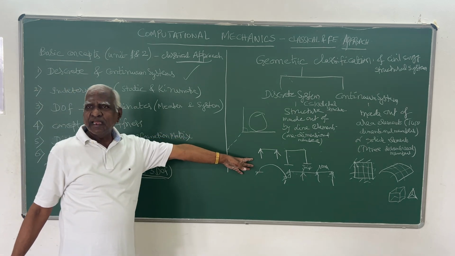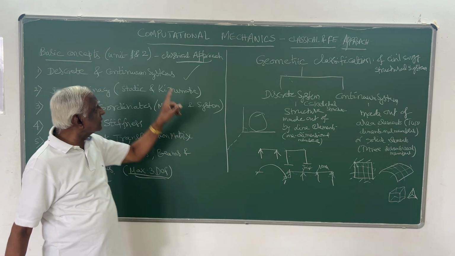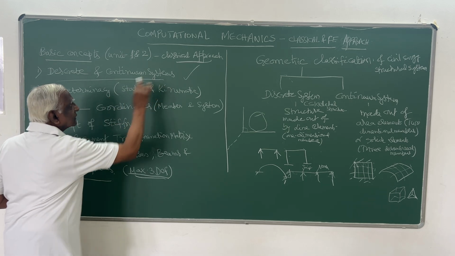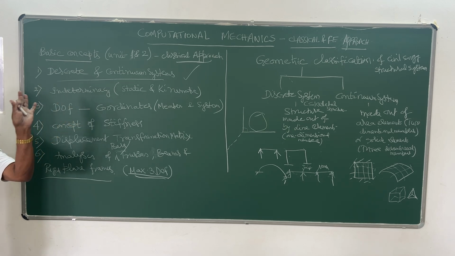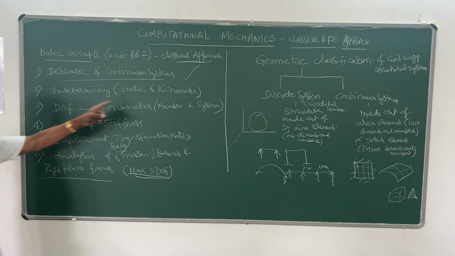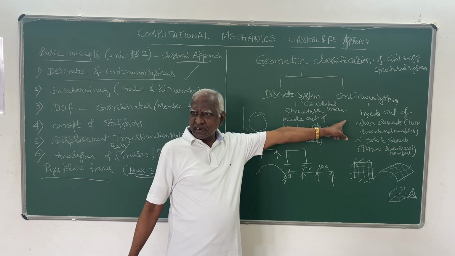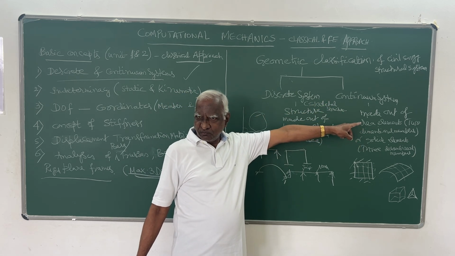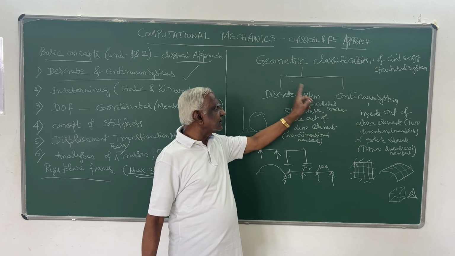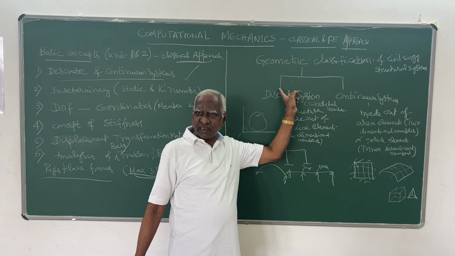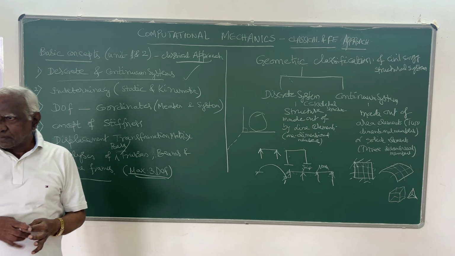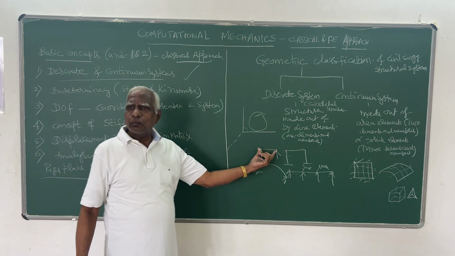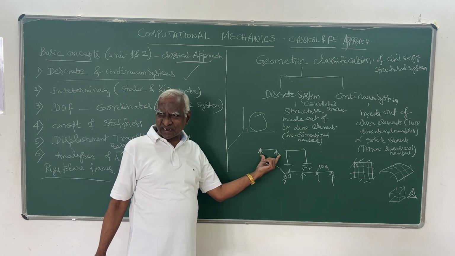This is about the first item, that is, discrete system and continuous system. Geometrically, any structure you come across, you can classify into two varieties, discrete and continuum. A structure is called a discrete type of structure if it is made out of only line elements. The element may be only one, then it is a very simple structure, a simple beam.